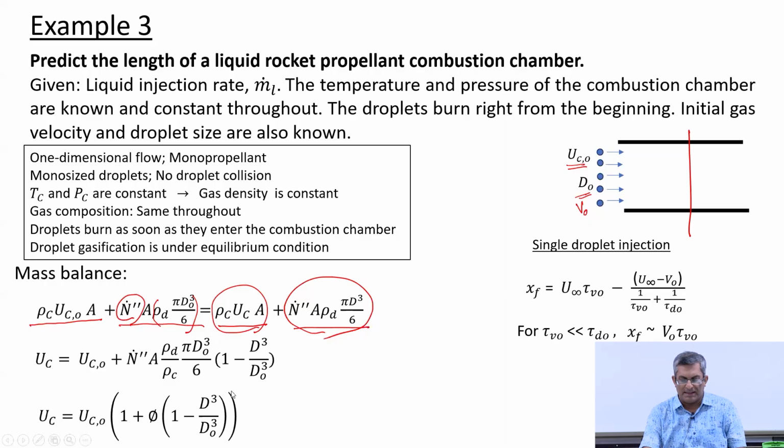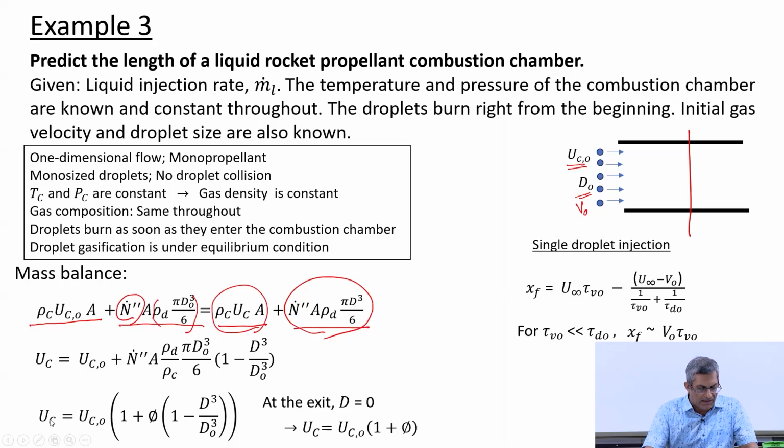So essentially that is the difference now with respect to what we did here. In this case, the carrier phase velocity was constant, but now it is not. So the gas flow is accelerating. So we have to account for that in the equations, and that is what we will do.